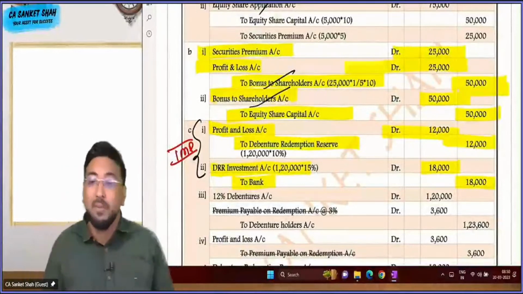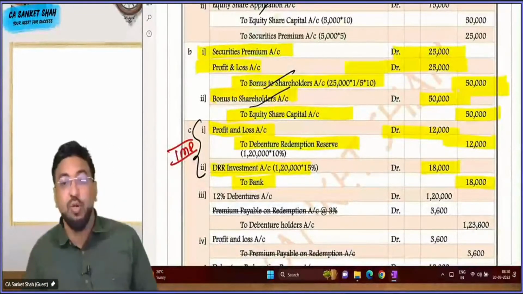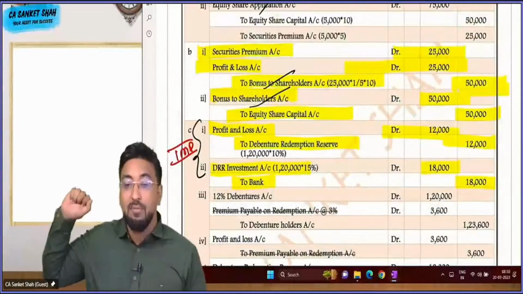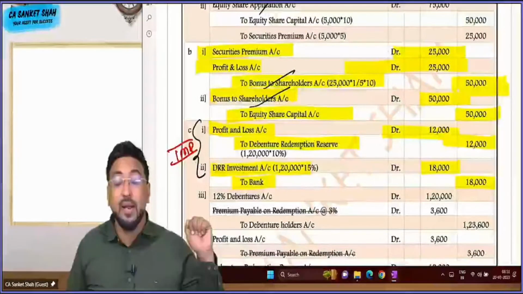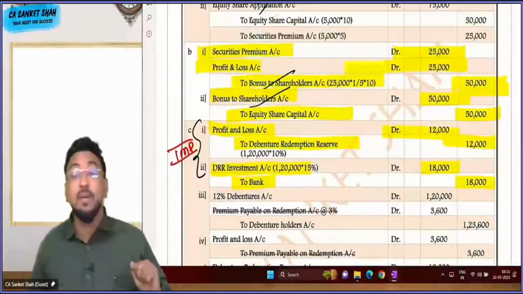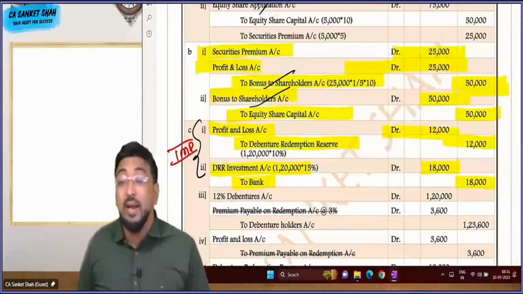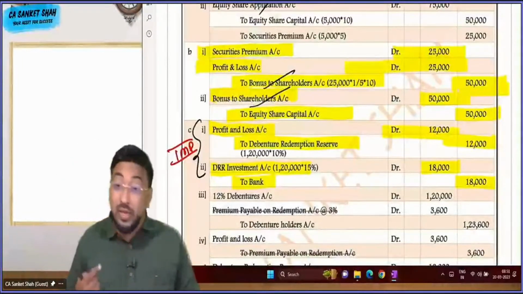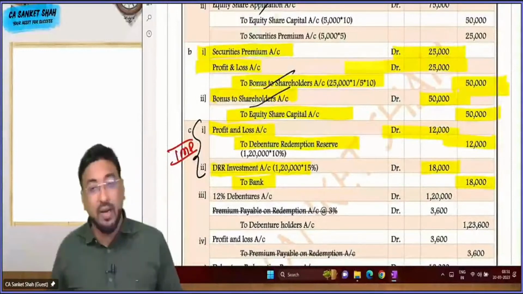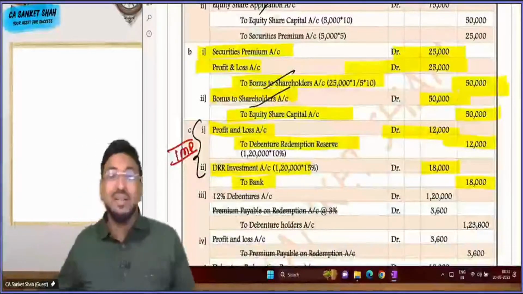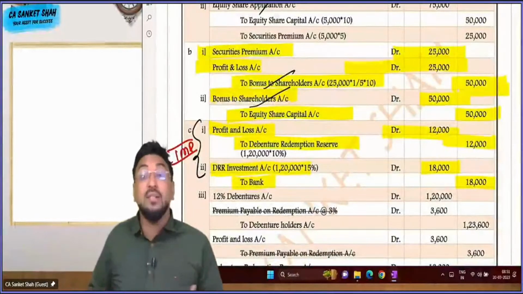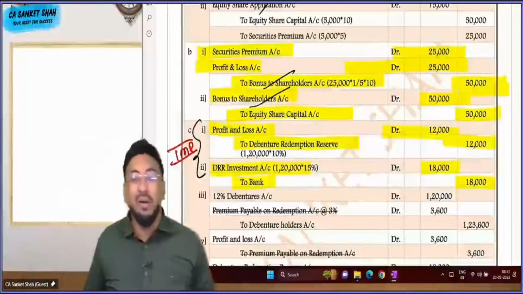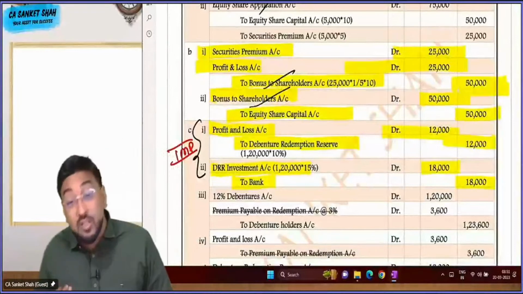ICAI expects you to know the provision: 10% of debentures you must maintain in DRR, and 15% you must maintain in DRR investment. ICAI expects you to create it yourself, and then we are going to cancel it at the end. It doesn't make sense, I know that, but beta, this is what ICAI wants from you. It is going to cancel with each other.